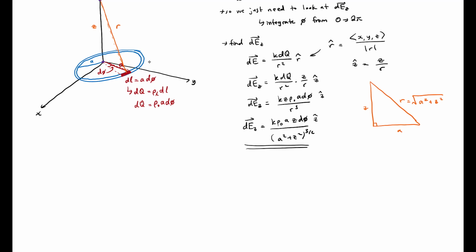I can now solve for E. So the first thing we note is that E is equal to Ez, which is equal to the integral from 0 to 2 pi of k rho naught a z d phi divided by a squared plus z squared to the 3 over 2.